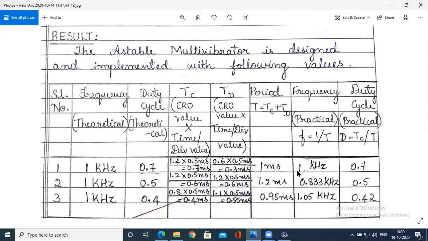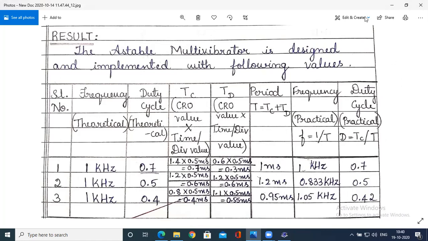So you calculate Tc by simulation, 500, 500. So T equals Tc plus Td, you will come around 1 millisecond. We have considered in micro, so 1 millisecond you'll get. You calculate the frequency, f equals 1 by T, 1 kilohertz you'll get. Again, you can calculate the duty cycle equals Tc by T. You are going to get 0.5.